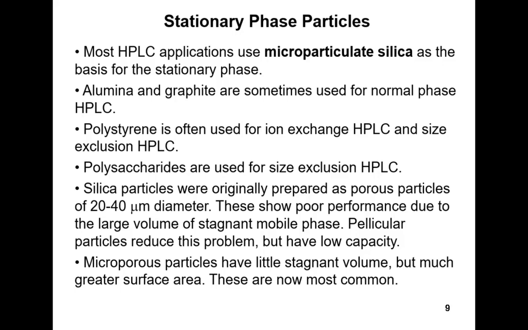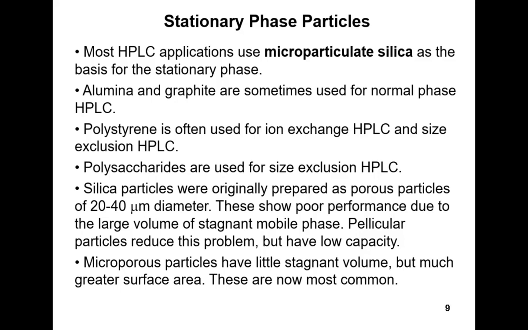Okay, so now thinking a bit more about the stationary phase materials themselves. So normal phase, but it also applies to the bonded phase material. You have to think about the silica materials that are being used.